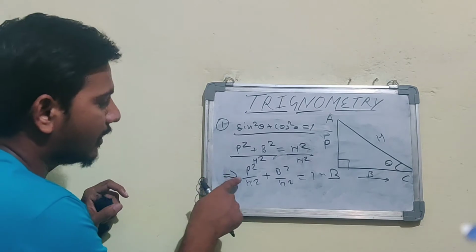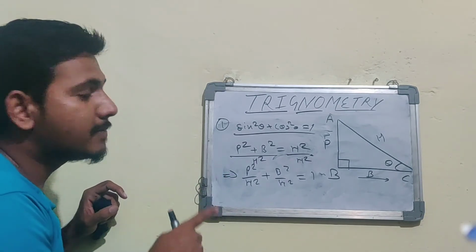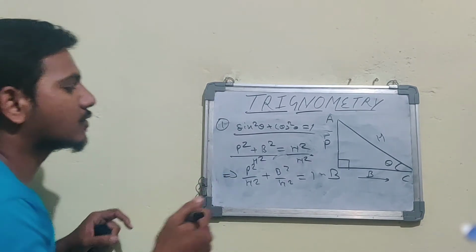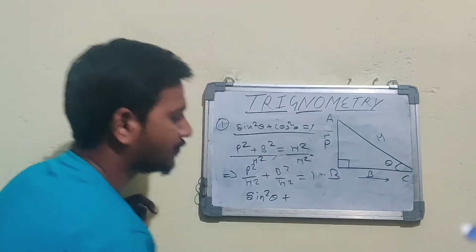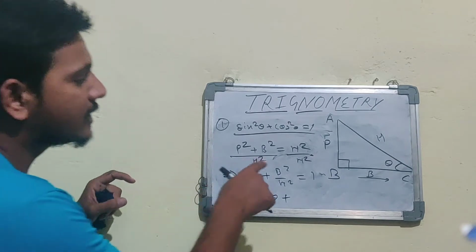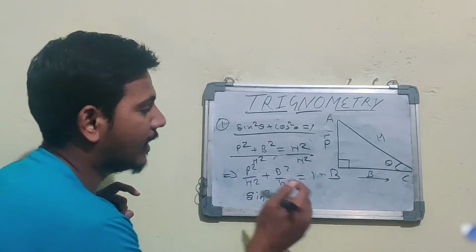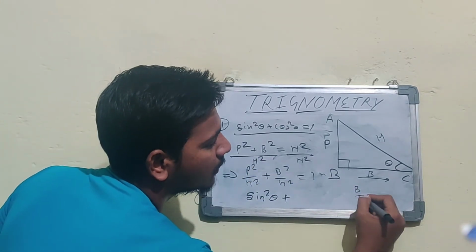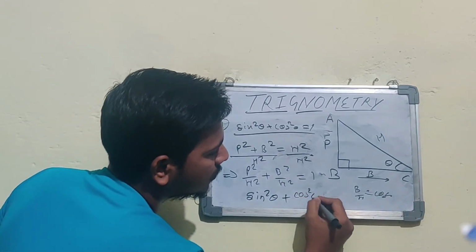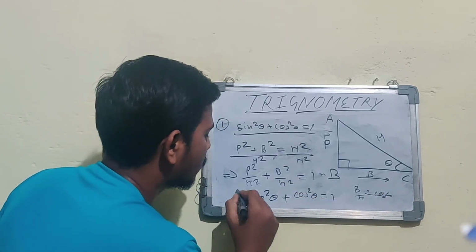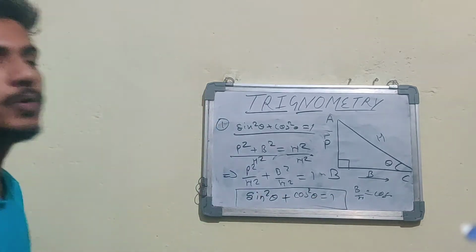We have studied earlier that p upon h, which means perpendicular to hypotenuse, is equal to sine theta, so this is sine square theta. Now base upon hypotenuse is equal to cos theta, so this is cos square theta. So sine square theta plus cos square theta is equal to 1. This identity has been proved here.